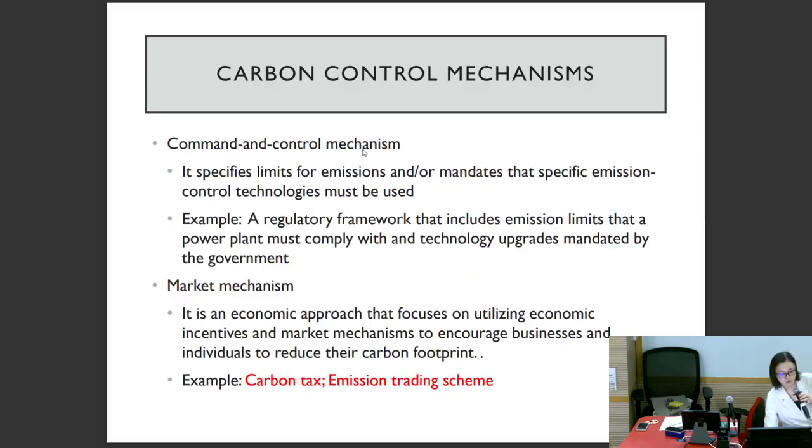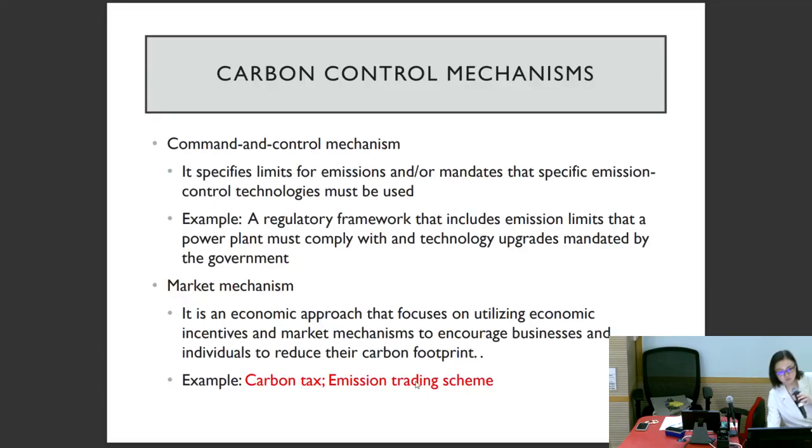Command and control would be something mandatory. Everyone must follow. And the market mechanism is to provide some financial incentive. So if you don't want to pay so much for the carbon tax, then you reduce your emissions. Maybe you choose another kind of renewable fuel or low carbon intensity fuel so as to reduce your carbon tax.